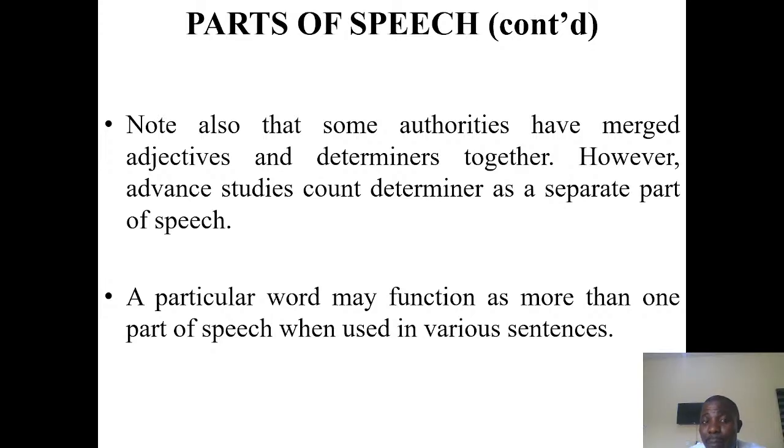So what it means is that, particularly in the major parts of speech, any part of speech can occupy another part of speech, and it will perform as such. But our interest here is to know each part of speech very well, and then begin to know how one part of speech can function as another. We call it functionalship.